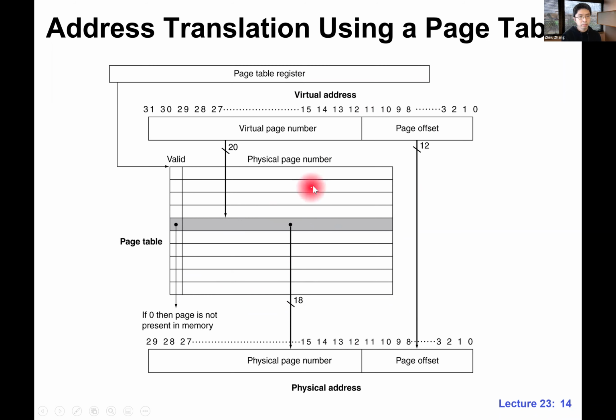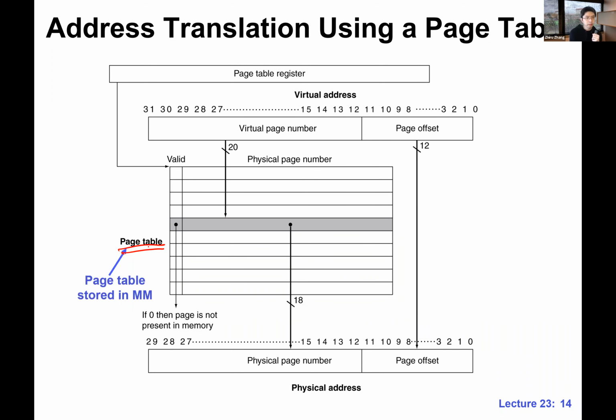Basically, we need a lookup table somewhere where we can look up the correspondence between the virtual page number and the physical page number. If you think about a yellow book, the virtual one could be your name, and the physical one could be the phone number or house address. This is the so-called page table.